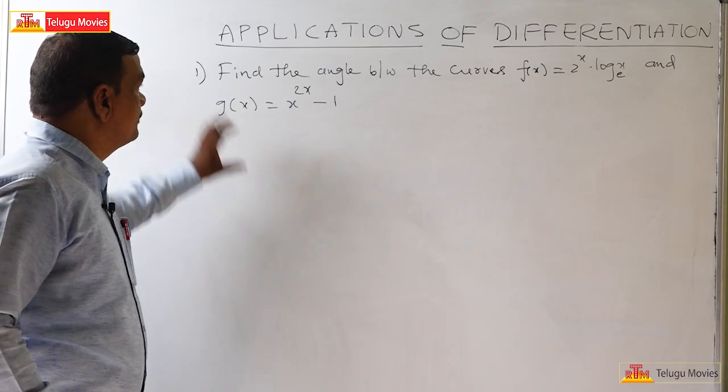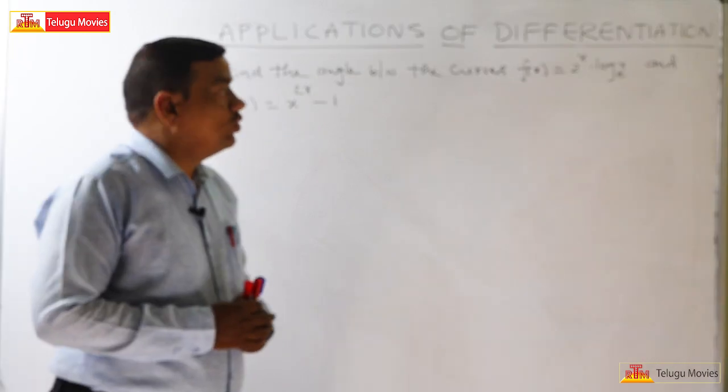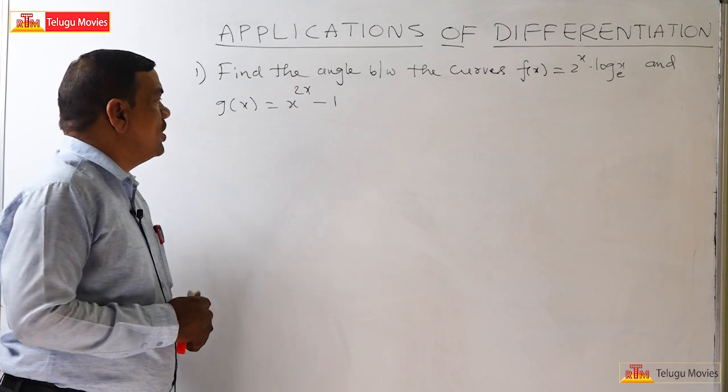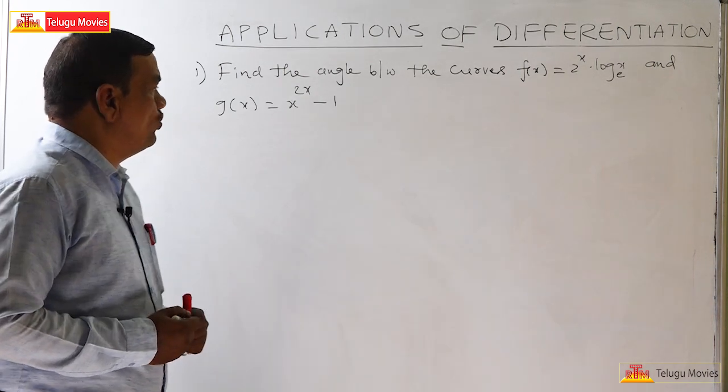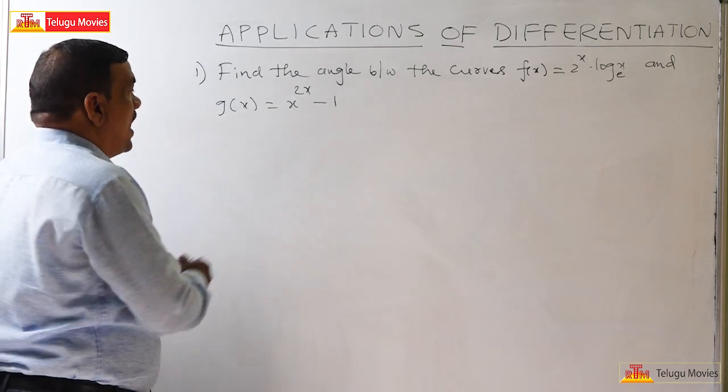Welcome back. Find the angle between the curves f of x is equal to 2 power x times log x to the base e, and g of x is equal to x to the power of 2x minus 1. There are two curves. Then how to find out the angle between them?